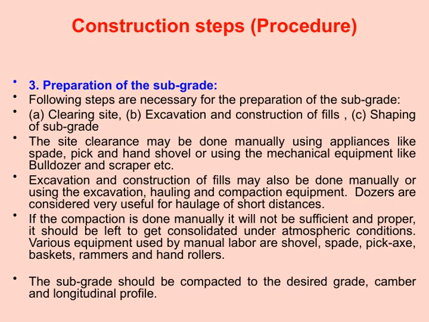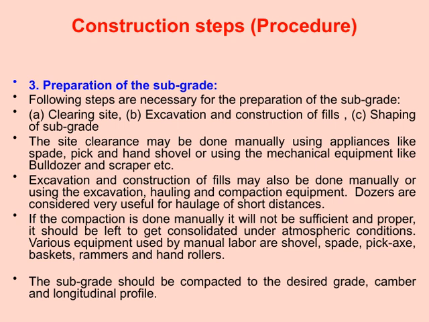After the excavation and filling are completed, shaping of the subgrade takes place. This involves ensuring the surface is properly contoured to the desired grade, camber, and longitudinal profile. Proper shaping is essential for drainage and load distribution. An important point to remember is that if compaction is done manually, it often won't achieve the required density. Instead, the subgrade should be left to consolidate naturally under atmospheric conditions to ensure it reaches the necessary strength and stability.